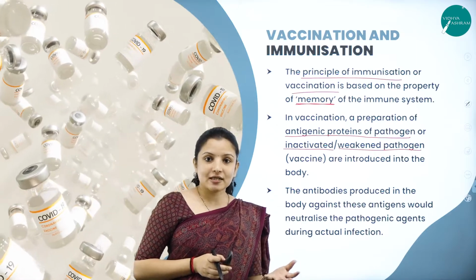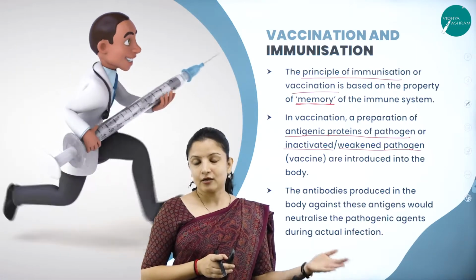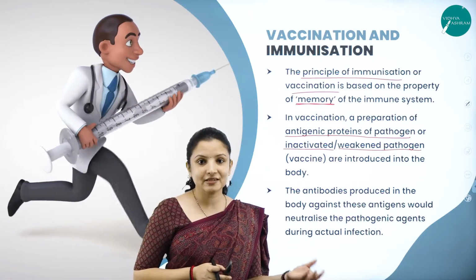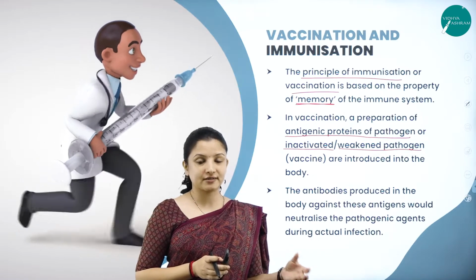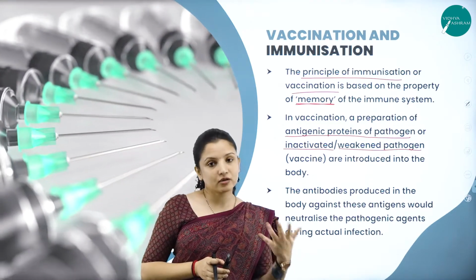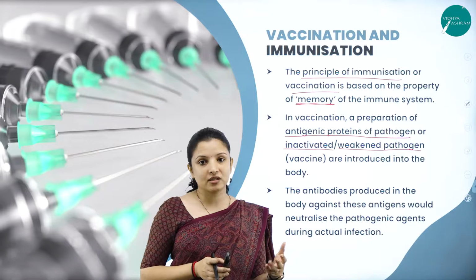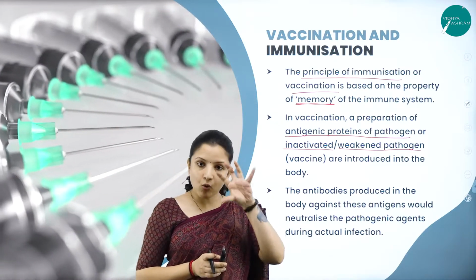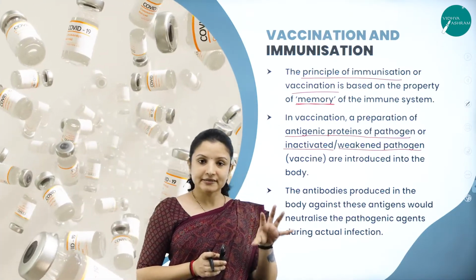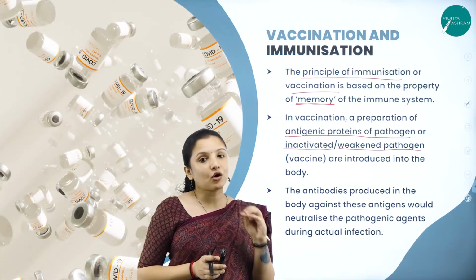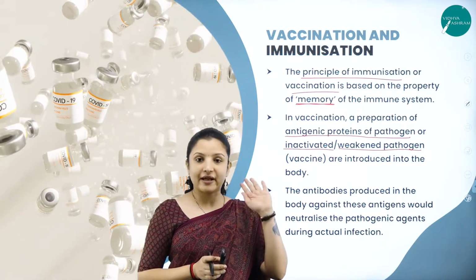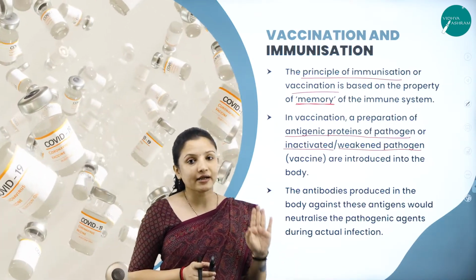For you to easily understand, the best example that we can take again is the Covishield vaccine that has been designed for coronavirus. In the Covishield vaccine or in the Covaxin, what they would have done is either taken the whole virus as such, but that virus is not capable of causing infection. The virus is there, but it is in the inactive form.